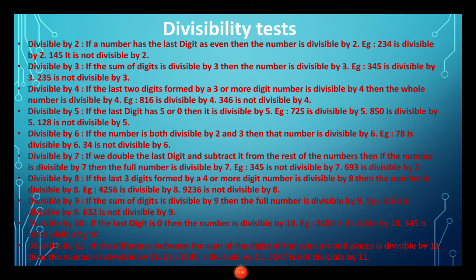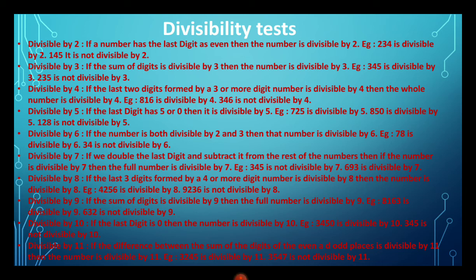So it is completely divisible by 8 and leaves no remainder. Now 9236 is not divisible by 8 as 236 by 8 gives 29 as the quotient and 4 as the remainder. So as it leaves a remainder, it is not divisible by 8.